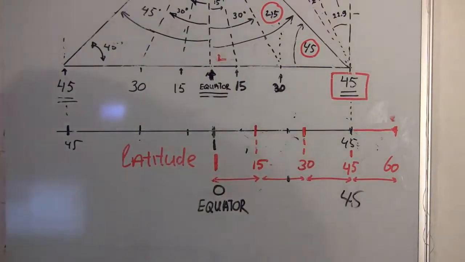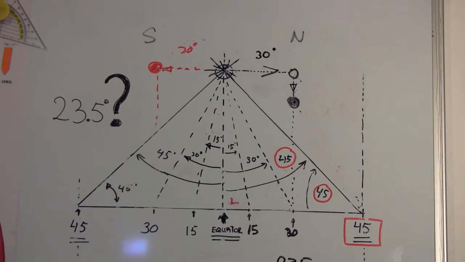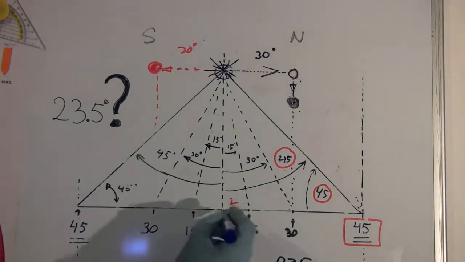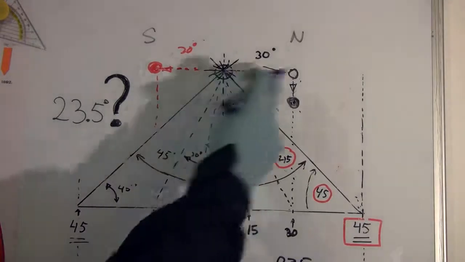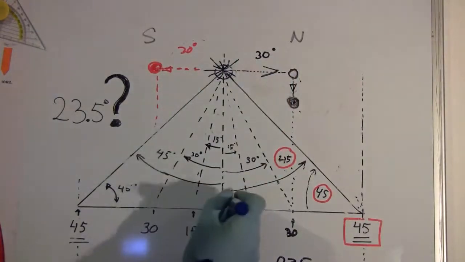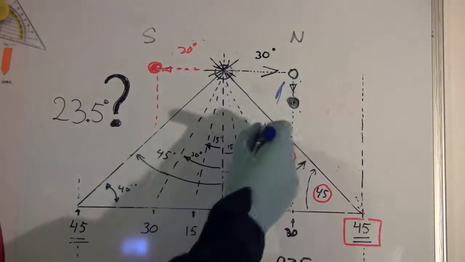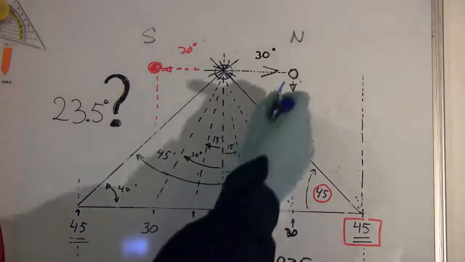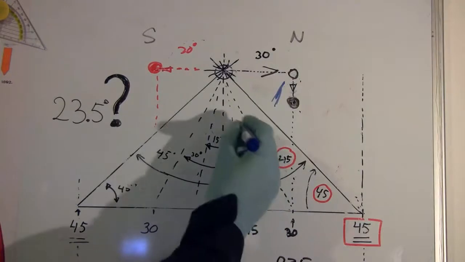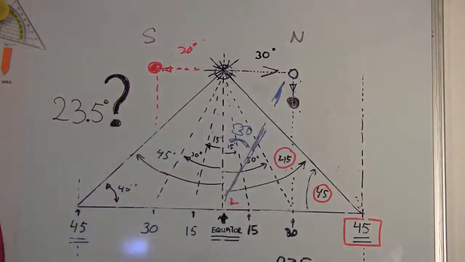The question is, where is the 23.5 degrees? The Gleason's map is telling us when we are at the equator, the sun is 30 degrees, we're looking at the sun, let's say this. This is also 30 degrees.